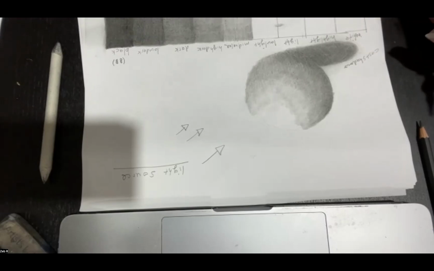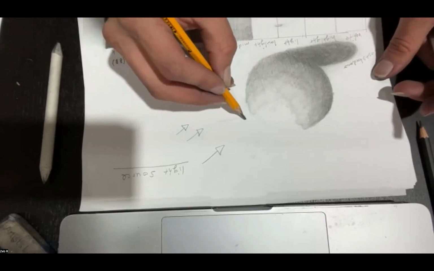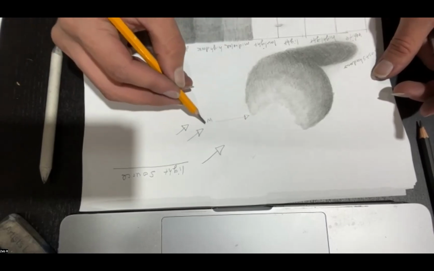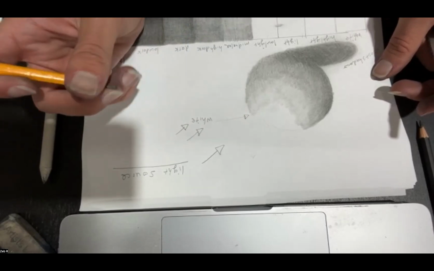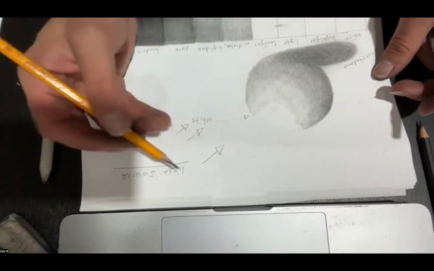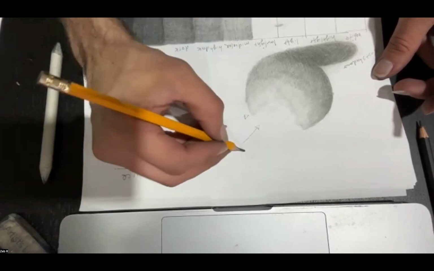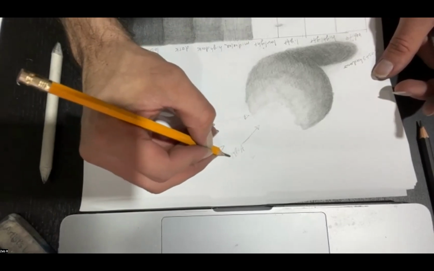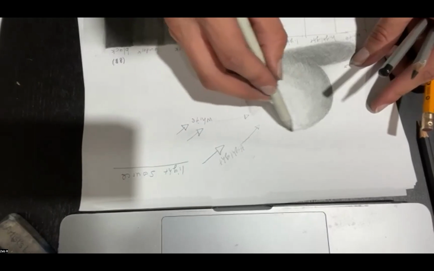Let me see this. So my white area is going to be maybe over here. Then what's next? My highlight might be over here somewhere. So you want to make sure that you blend stuff.